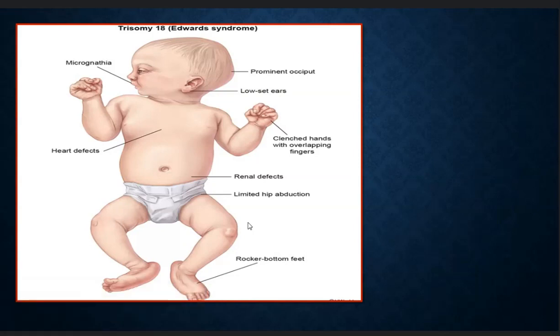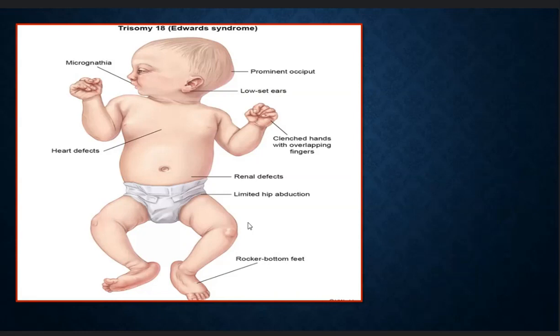Now, what about the clinical features, or the phenotype, of patients with trisomy? This picture illustrates all the abnormalities that can be seen in that patient, starting from the head. In general, patients with trisomy are small in size, so you can regard trisomy 18 as one of the causes of small for gestational age.